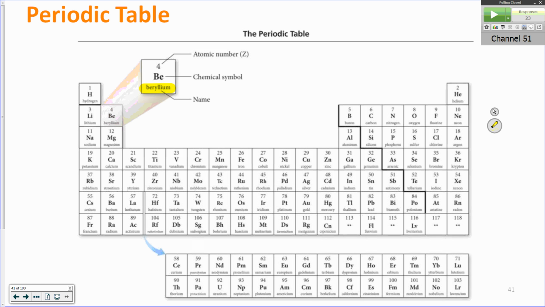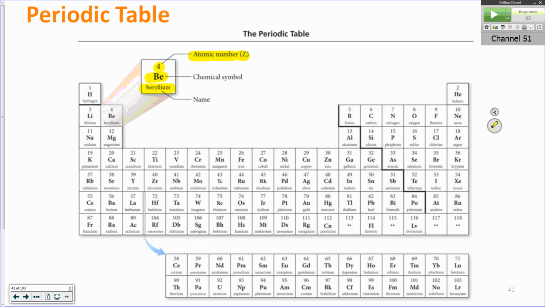We have to get accustomed to the 2-letter abbreviation for the chemical symbol. In these abbreviations, the first letter is always capitalized. If there are 2 letters, the second is always lowercase. The atomic number, which is represented with the symbol Z, is the number of protons. And we'll see that everything is either a 1 or 2-letter abbreviation.